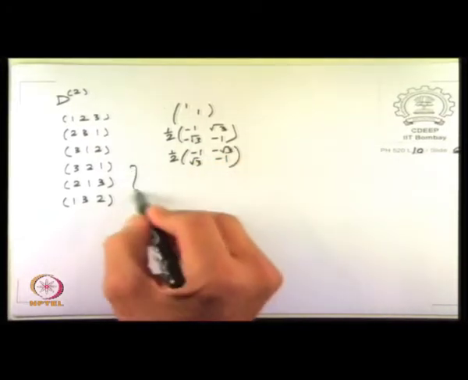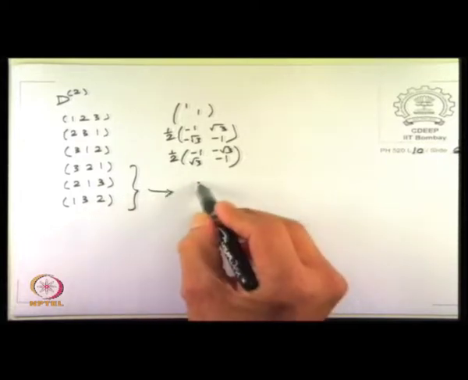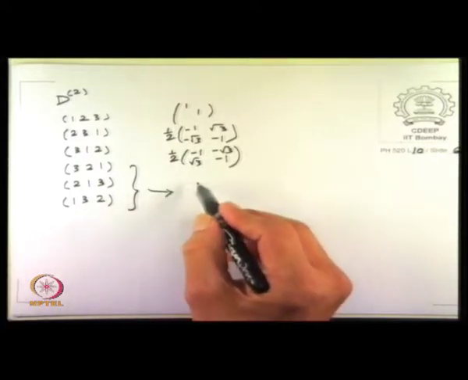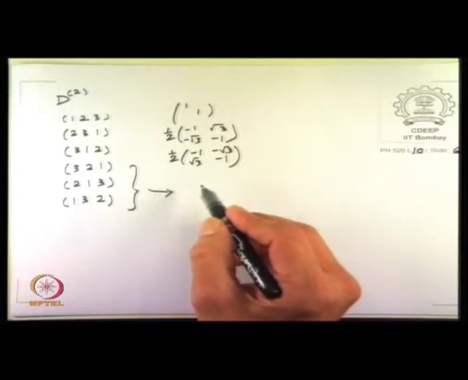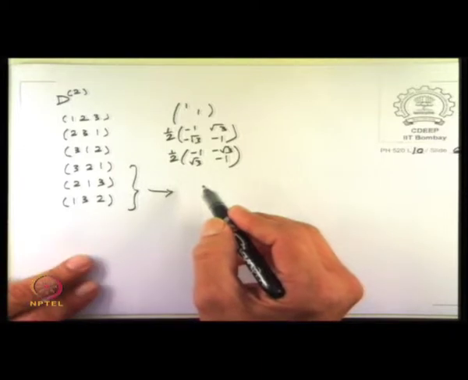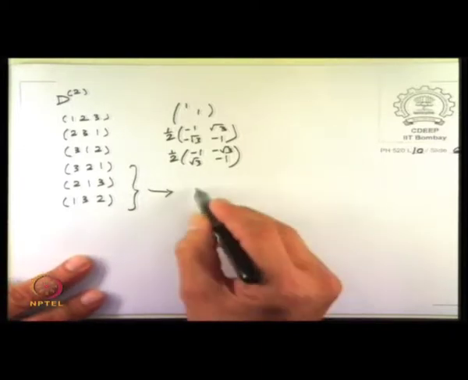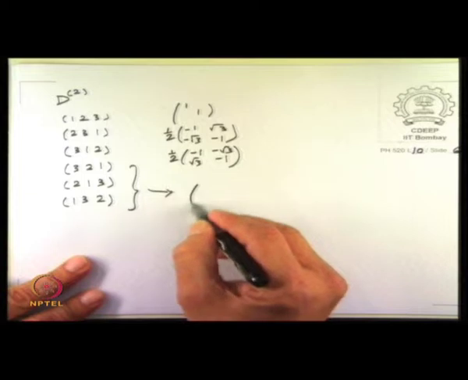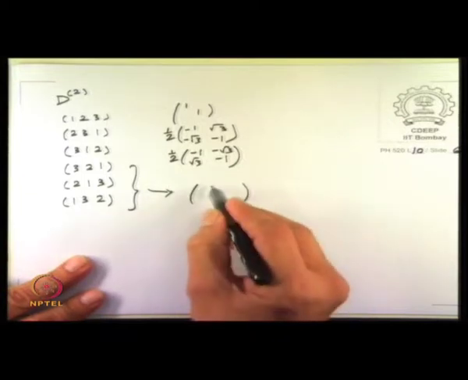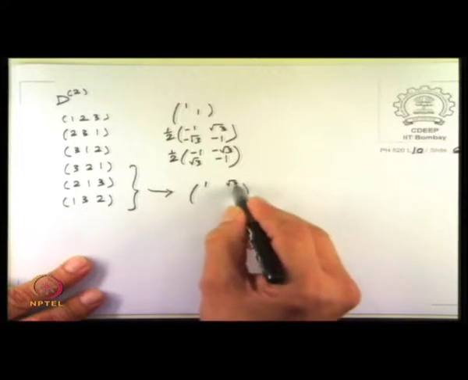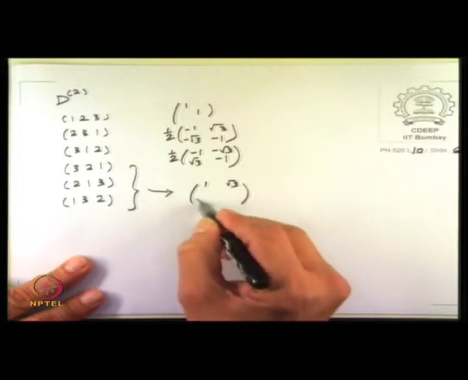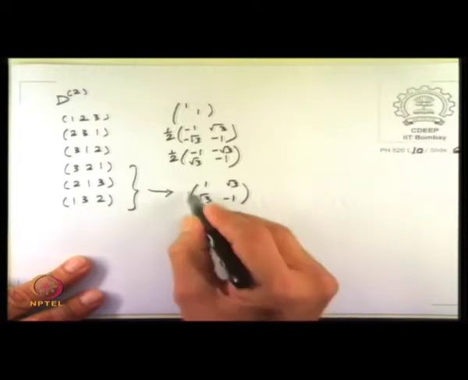Then for the improper ones we start with the first row: 1, square root 3, square root 3 and -1.